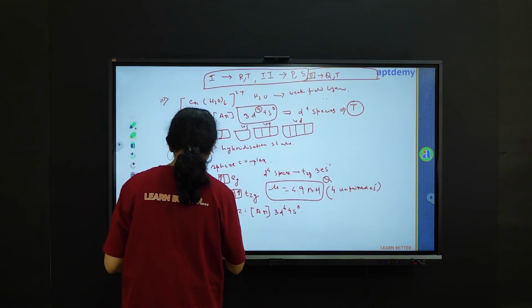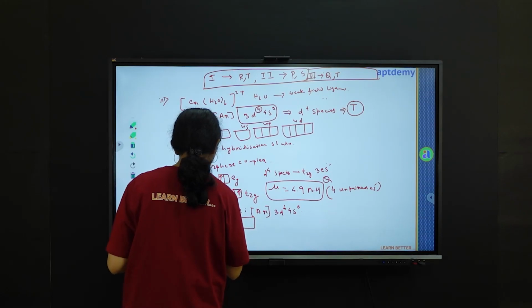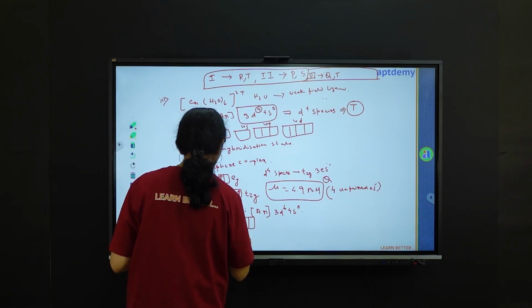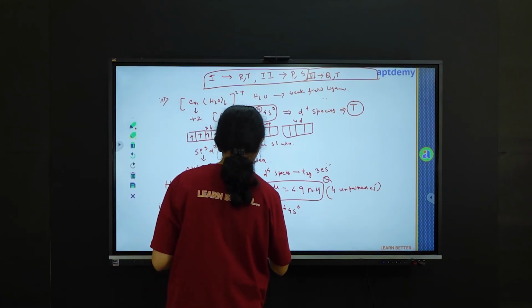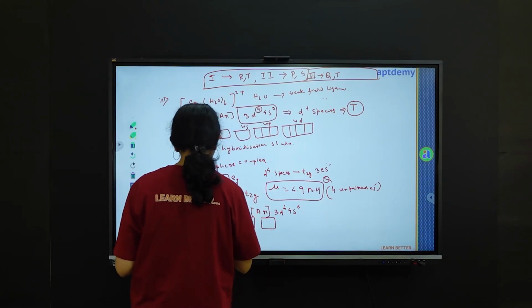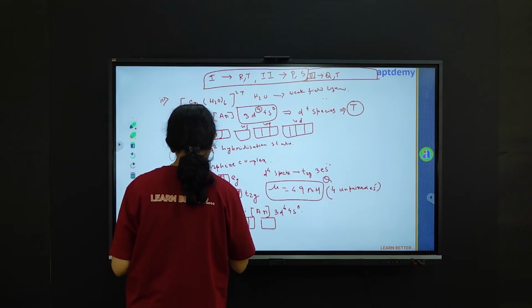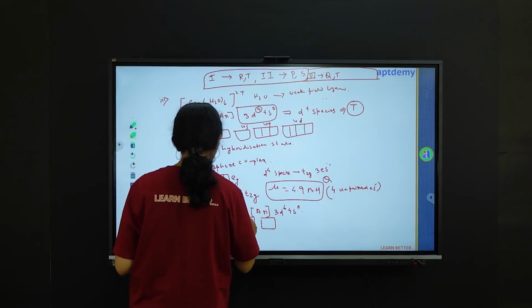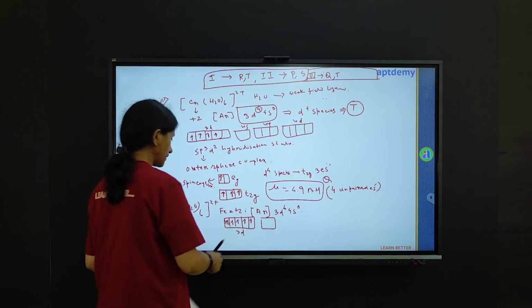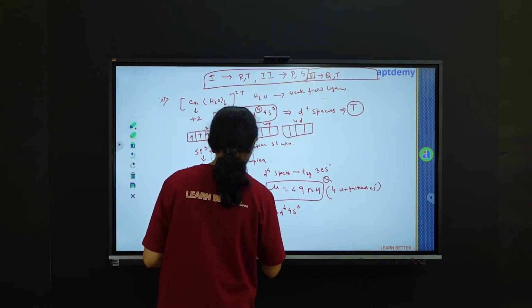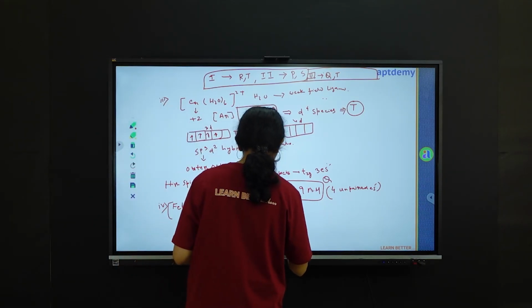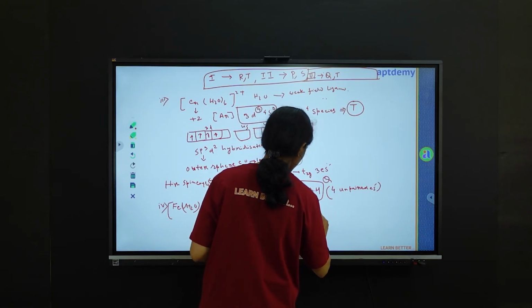Now if you fill up the orbitals, for 3d you will have 6 electrons like this, and the rest of the orbitals will remain empty, that is 4s, 4p and 4d.